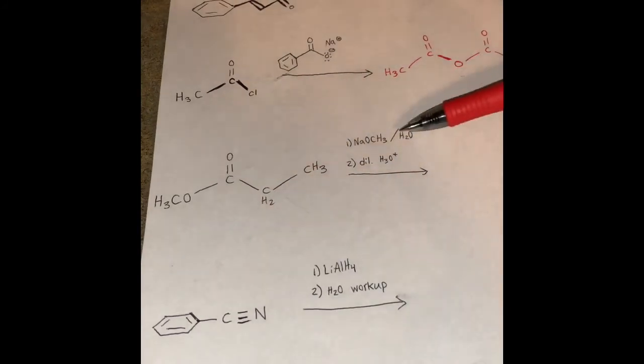Okay, for the next problem, try to identify which reaction this is, and you can tell by the reagents that we have here. So this reaction is the Claisen condensation.